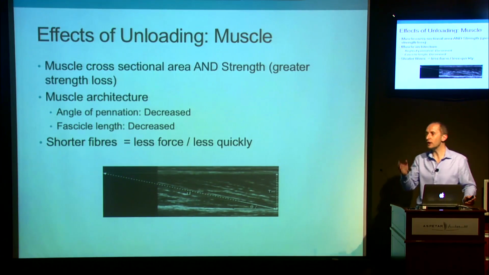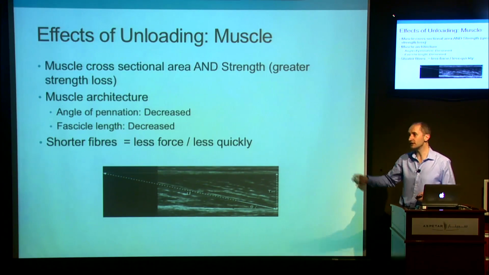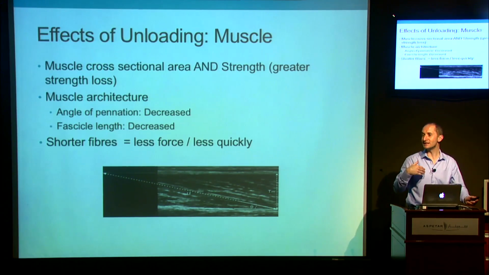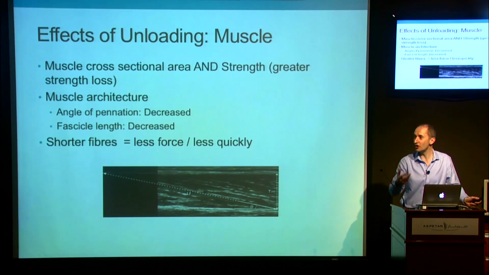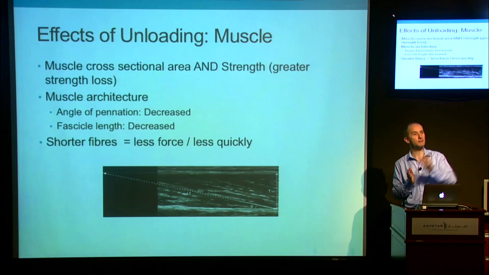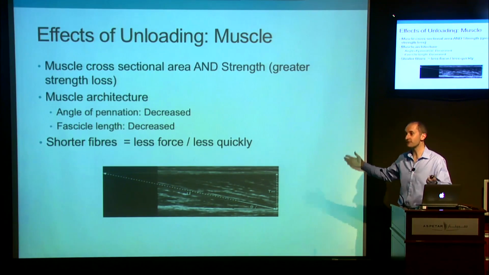And we know that if we unload muscle, very quickly we will reduce our angle of pennation and our fascicle length. Similarly, when we load muscle early and with specific strategies, two of the key adaptations that we're looking for in terms of injury prevention with muscle are to increase angle of pennation and increase fascicle length.